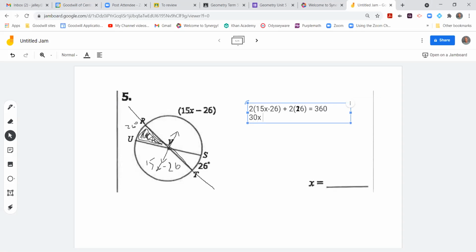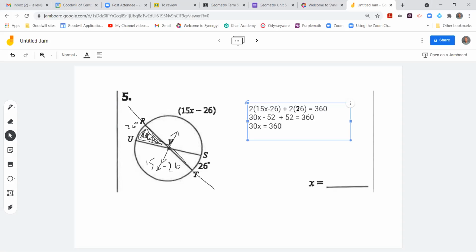So 30x minus, and you're just not going to believe how easy this comes out. You should already be seeing the answer. My 52s cancel. I got 30x equals 360.